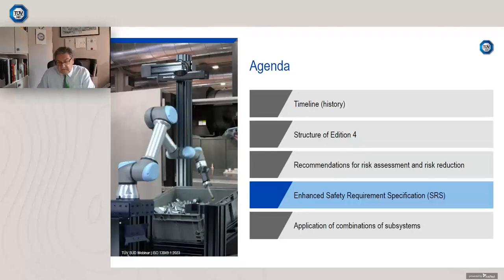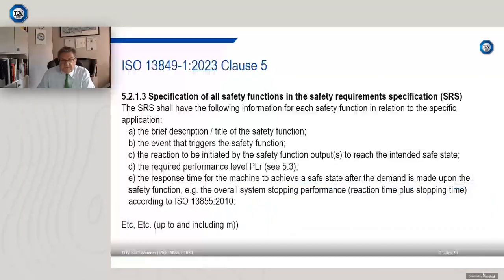Clause 5 is also where we'll find the enhanced safety requirement specification. And this is part of subclause 5.2.1.3, and it says quite clearly that the safety requirements specification shall have the following information.